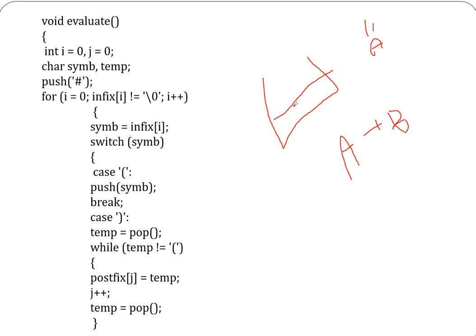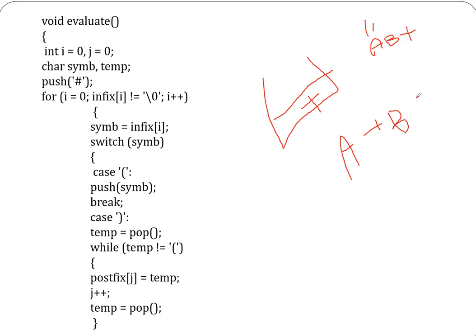It is an operator, so it is moved to the stack. Next is b, which is not moved to the stack but stored in the answer list. Now once the input expression reading is over, the operators stored in the stack are popped out, so I write here the plus.